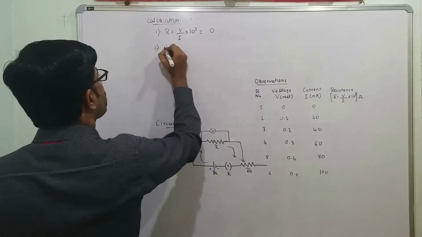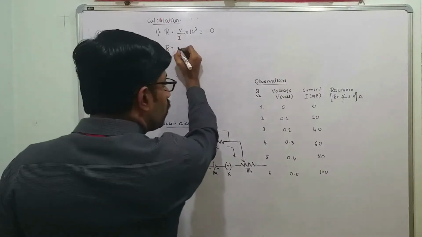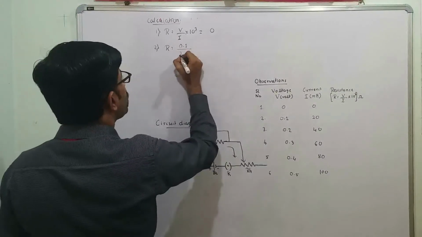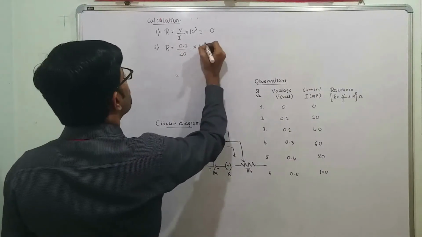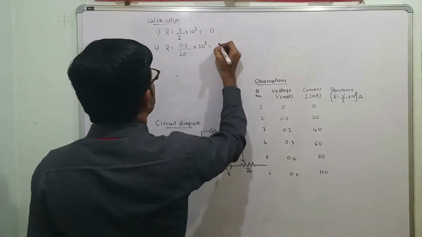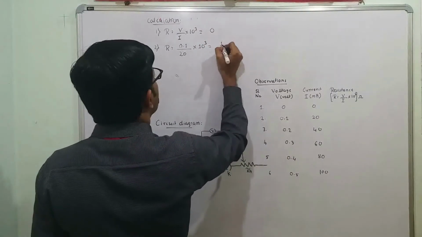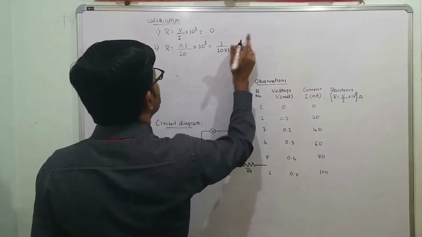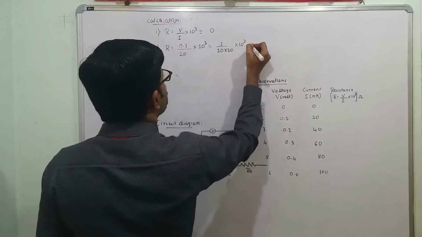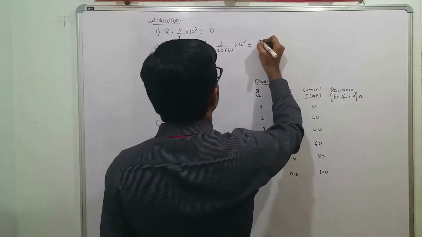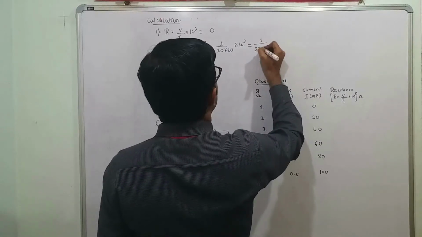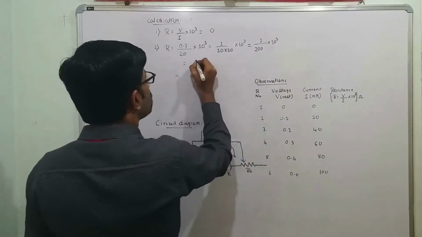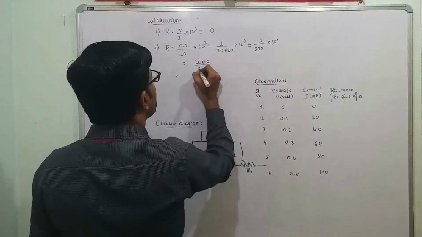For the second set of readings, R is equal to 0.1 divided by 20 into 10 to the power 3, which is equal to 1 by 10 into 20 into 10 to the power 3, which is 1 divided by 200 into 10 to the power 3, which is 1000 divided by 200.